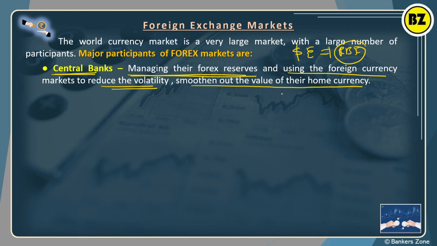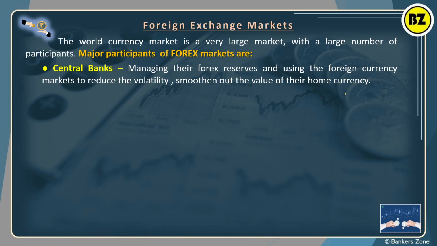Suppose RBI has 5 billion US dollars as forex reserve, and RBI will take some decision about that reserve. That decision should be to stabilize the value of the Indian currency, the rupee, to smoothen out the value of the home currency. So for that RBI works.